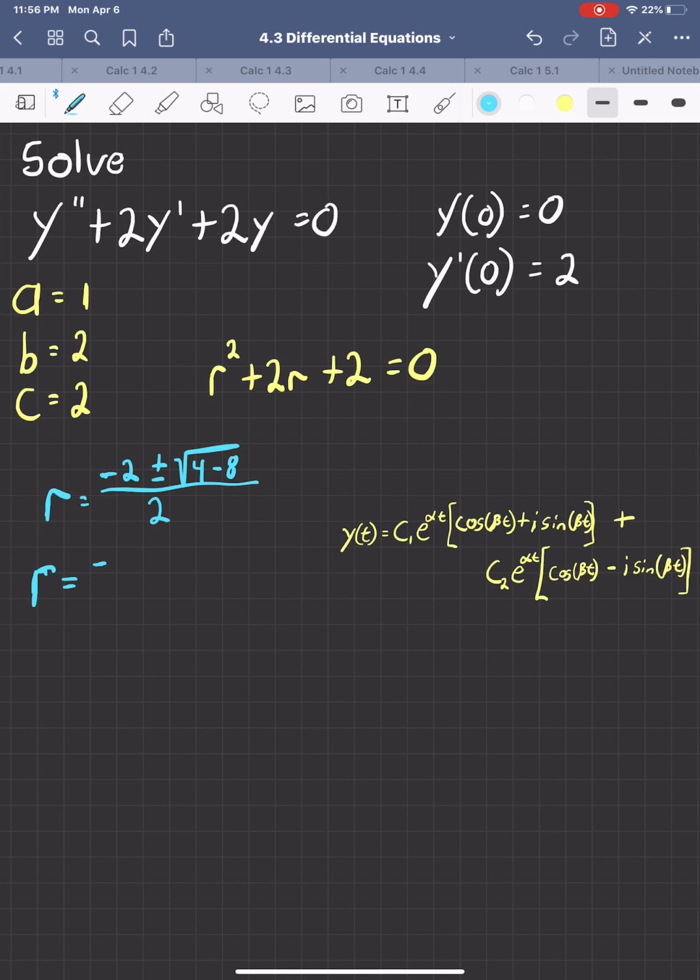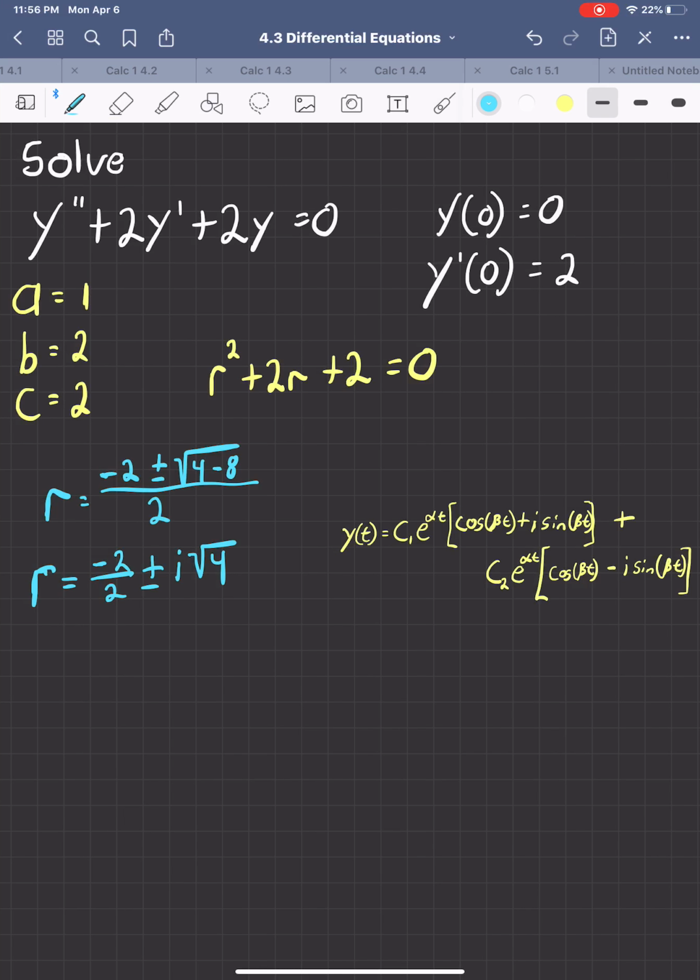So this would be negative 2 over 2 plus or minus i square root of 4 over 2. Now all I'm going to do is simplify this a little bit more, and then I'm going to show you what alpha is going to be and what beta is going to be, and then you got it.